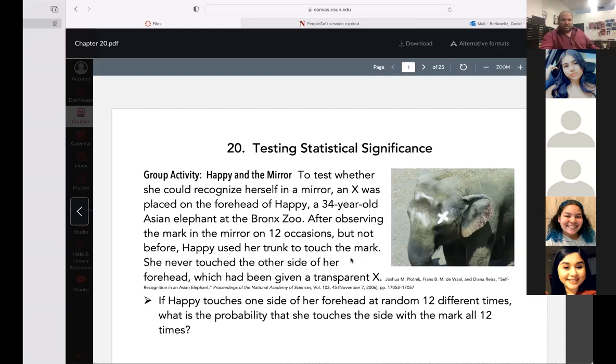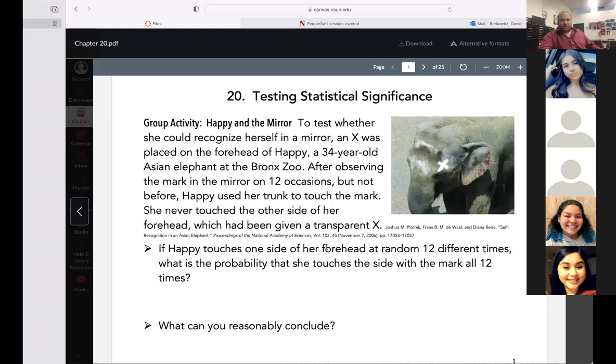Okay, so chapter 20, testing statistical significance. To test whether she could recognize herself in a mirror, an X was placed on the forehead of Happy, a 34-year-old Asian elephant at the Bronx Zoo. It's more like a cheek, not a forehead, but anyways.